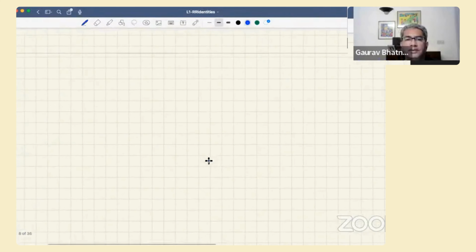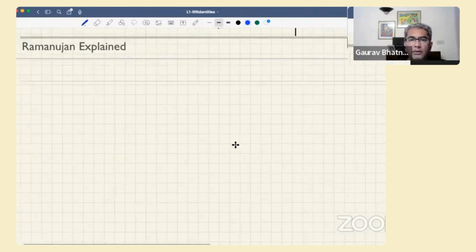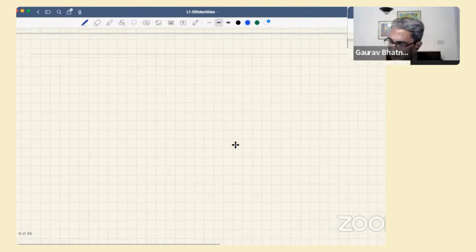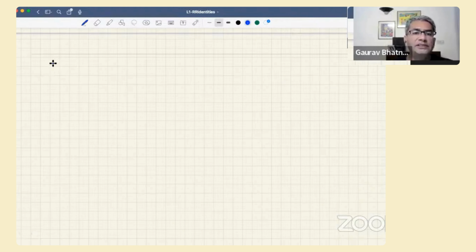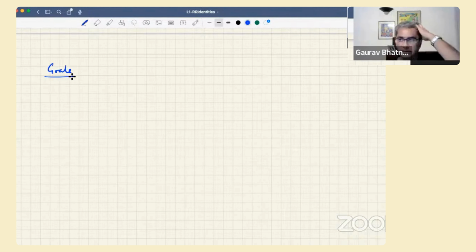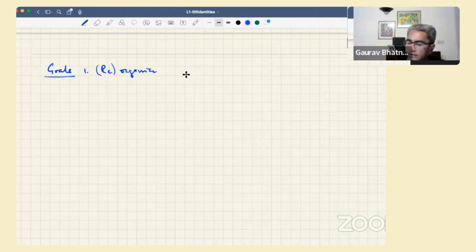Let me conclude quickly by saying what the goals of this lecture series are, and the goals may change slightly depending on requests from people who want to listen. Number one is to reorganize to some extent the work of the notebooks of Ramanujan.